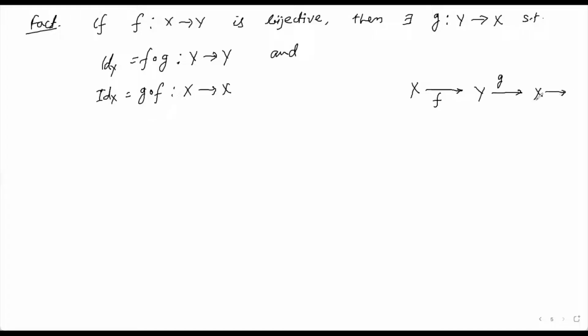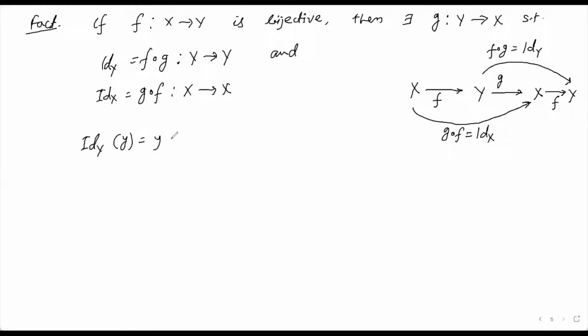The composition g composed with f is equal to the identity on X, and the composition f composed with g is equal to the identity function on Y. The identity on Y is defined by id of y equal to y for all y belonging to Y, and the identity function on X is defined by id of x equal to x for all x belonging to X, and this function g is unique.